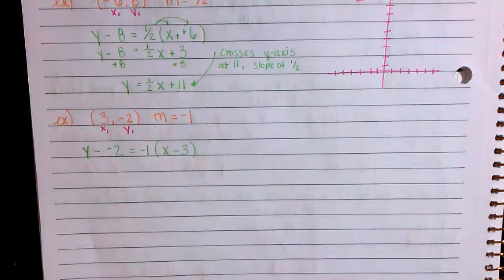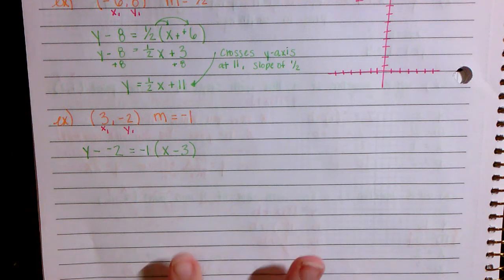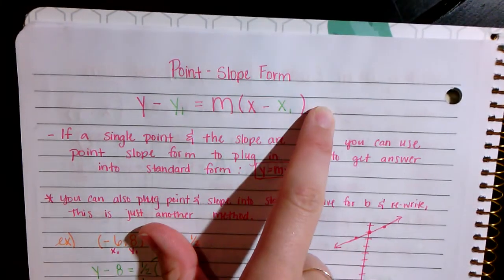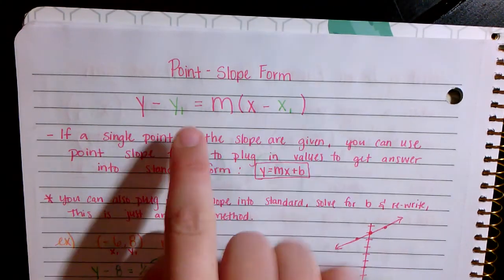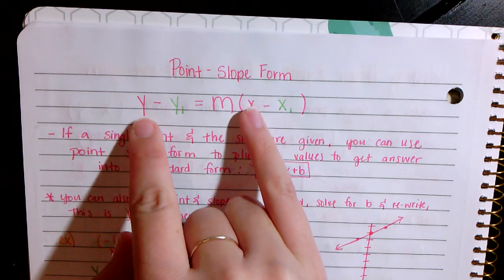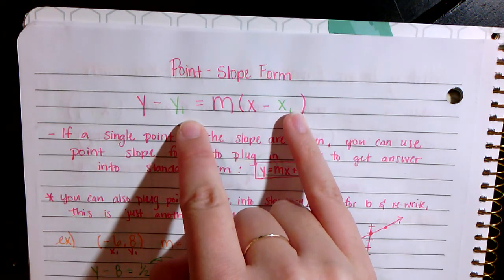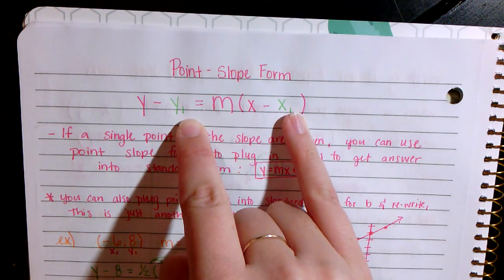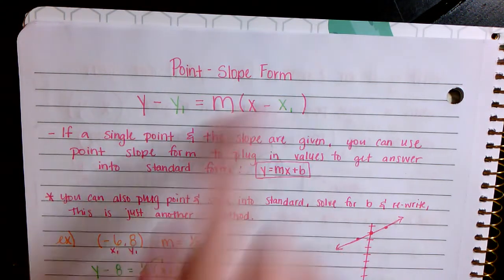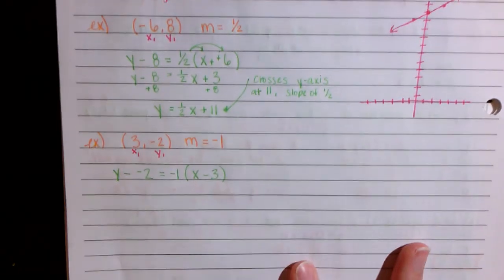And if you're wondering, how did she know what that formula was, the y minus y1, m, and all that? I'm looking right here at the top of my page. And I'm like, okay, I've got my x and my y for my coordinate to fill in right here, not these two. That's why we label them x1, y1. And I know that m is slope. So I'm just looking at this and filling in all the things that I can.